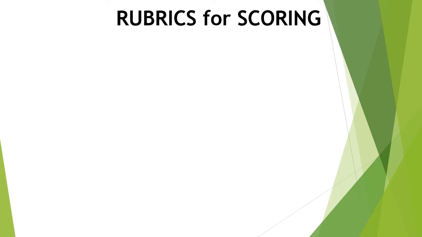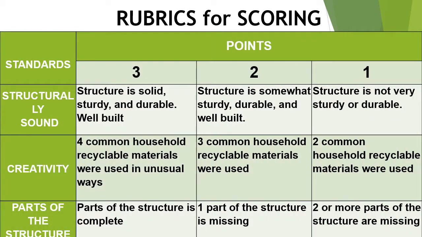So I have prepared 3 standards for scoring: 1, structurally sound; 2, creativity; and 3, parts of the structure. For the scoring system, we have 3 as the highest and 1 as the lowest. For the full information about the rubrics, you can refer to your copy.